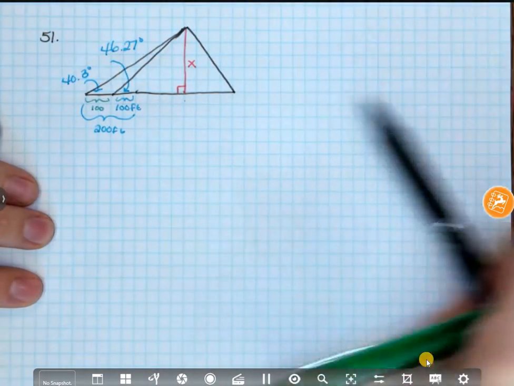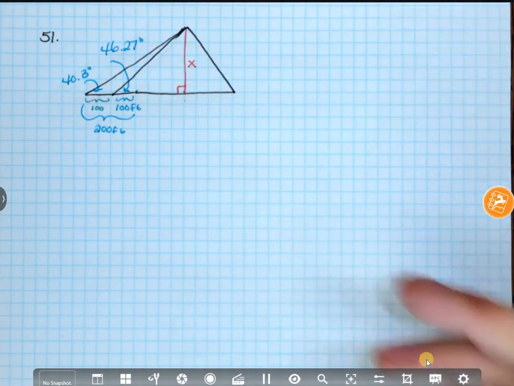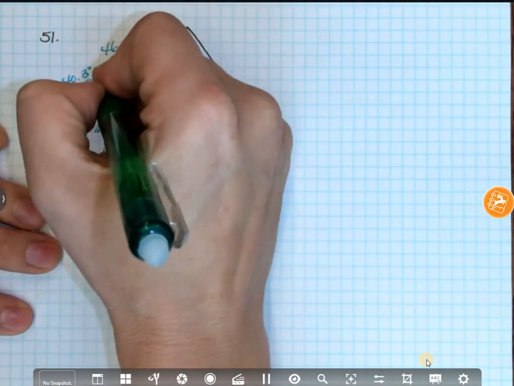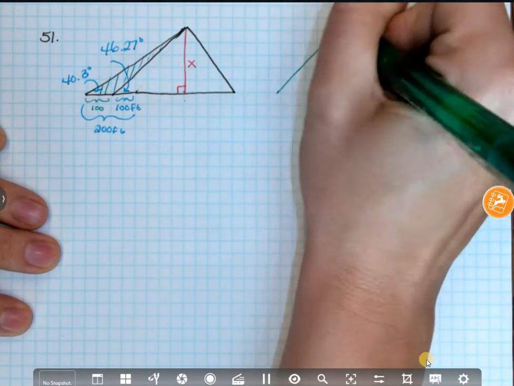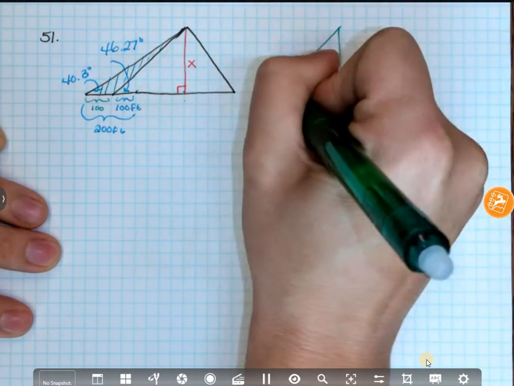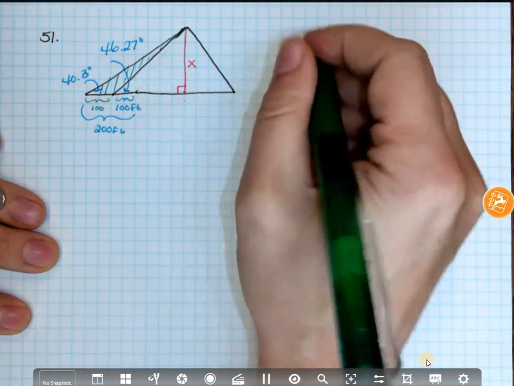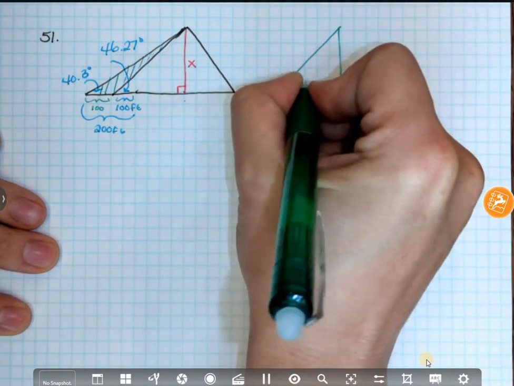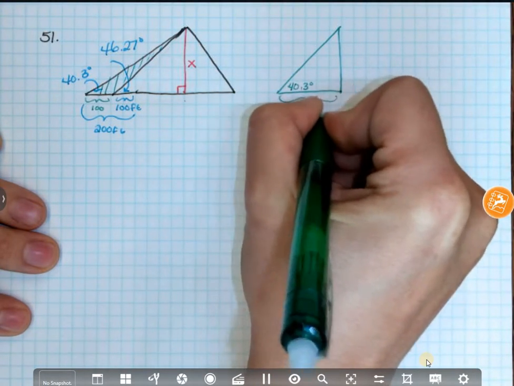So it's not going to be drawn to scale, but I'm going to spread out my triangle a little bit so you can see what we're working with. So I'm just going to look at that triangle there. I'm purposefully not drawing it to scale just so I can fit these angle measurements in here. That's 40.3 degrees. This is 100 feet.